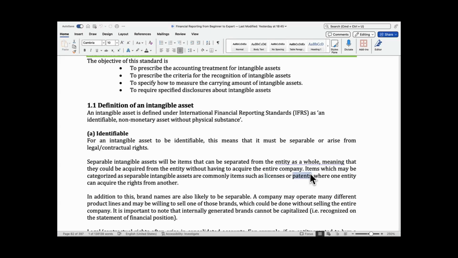So when you have a license, whether you want to operate a bank and you got a license from CBN, or you want to operate a school and you got a license from Ministry of Education, or you want to operate an airline and you got a license from Ministry of Aviation, or you want to operate a radio station and they give you a license, whatever you get a license for, that license is something that you can actually sell, because that license is just a piece of document.